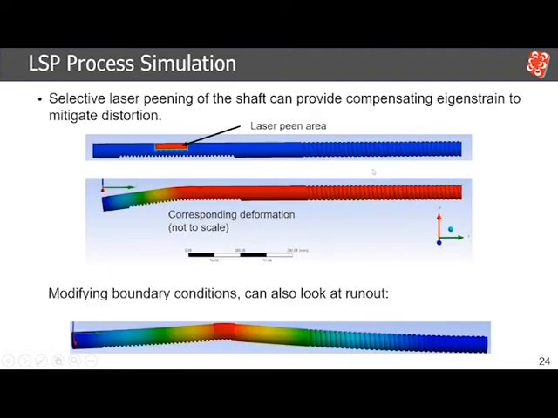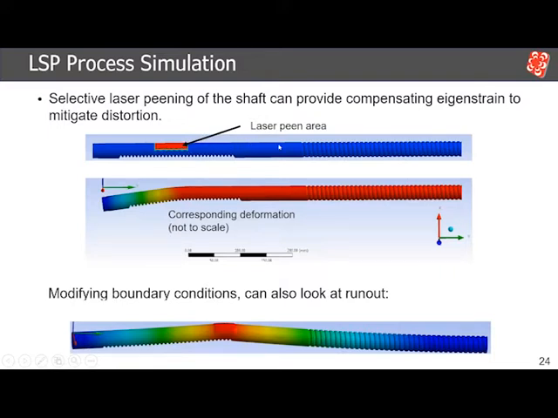So how does laser peening potentially solve this issue, and how do you build a solution to the problem? With laser peening, we're looking at providing a compensating eigenstrain to mitigate the distortion in the part. We can specify a laser peening treatment area. We can vary the length of this area along the shaft.